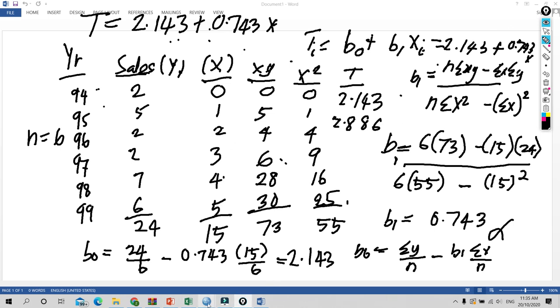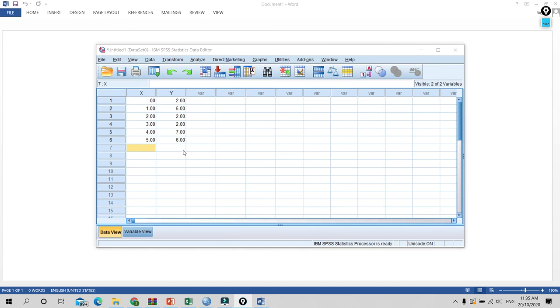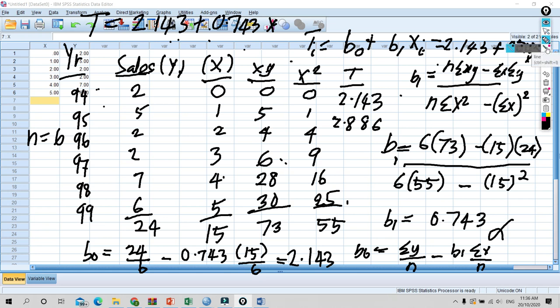Now we go to this one. To find the regression line here, I just clear off this one.